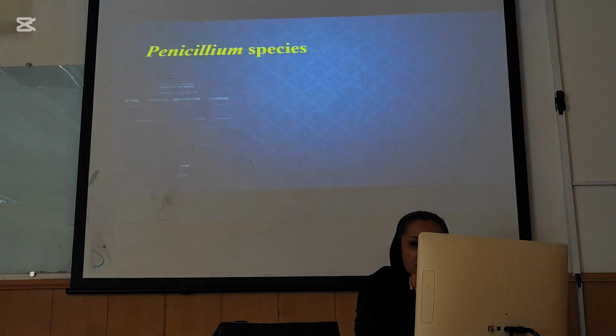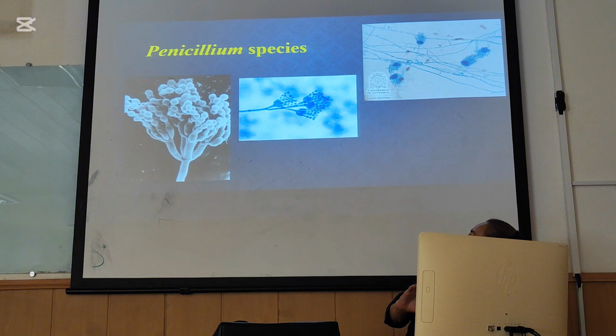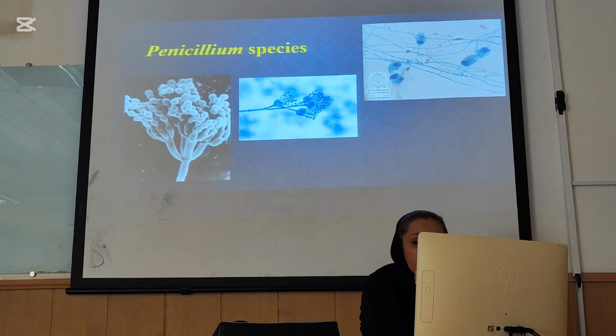And in this slide, you can see three images of penicillium. The meaning of penicillium is broom, because in direct examination you can see the broom shape or fork shape.